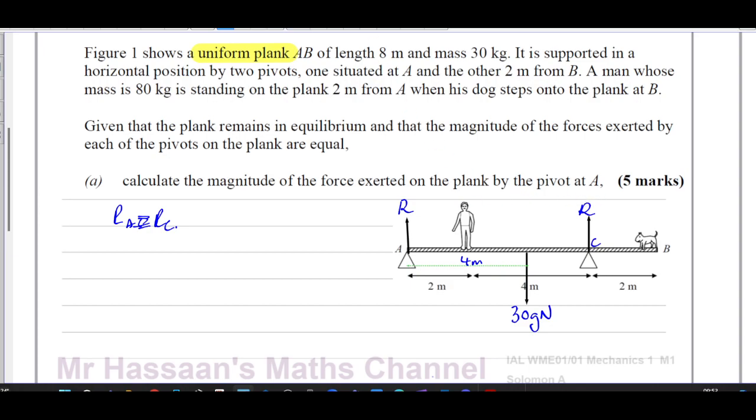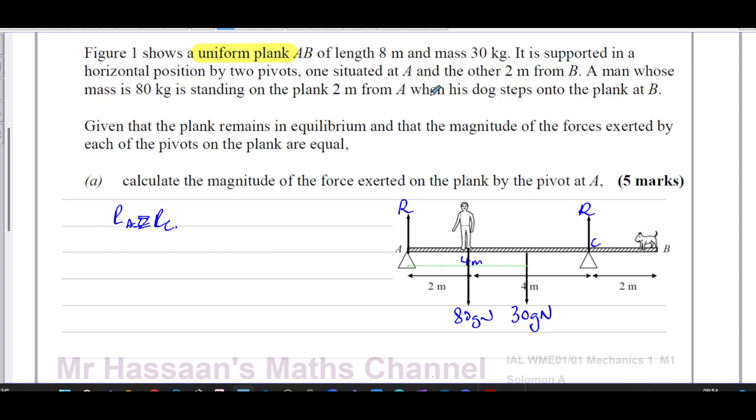Now, those are acting vertically upwards, perpendicular to the surface. What else do we know? The man has a mass of 80 kilograms, so his weight is going to be 80g newtons, acting straight down.